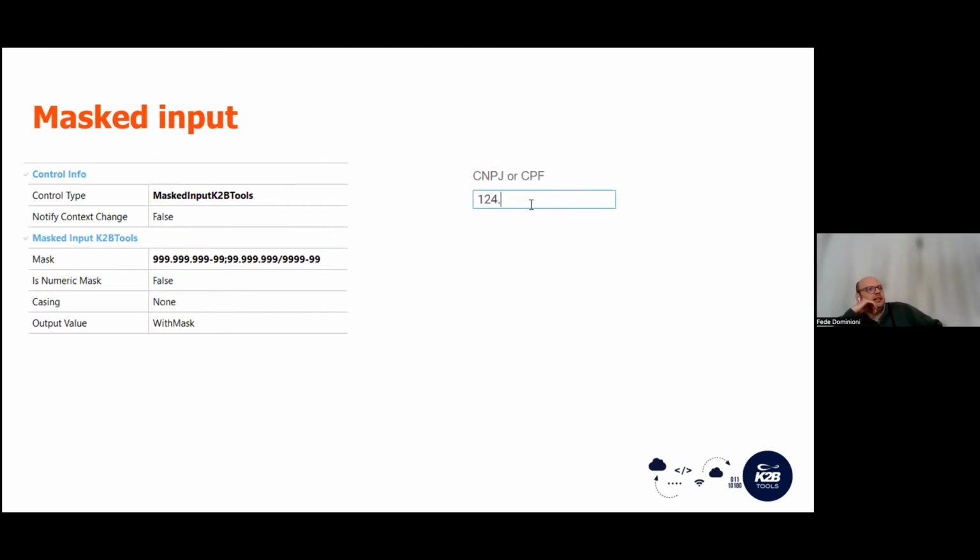And another thing that is very requested in Brazil, which is the CNPJ or the CPF, the ID document, where you can actually have both things at the same time. Look at the format as I write the numbers. You get points and you get slashes and you get the dash. This is very common.